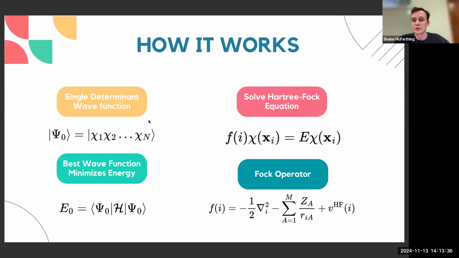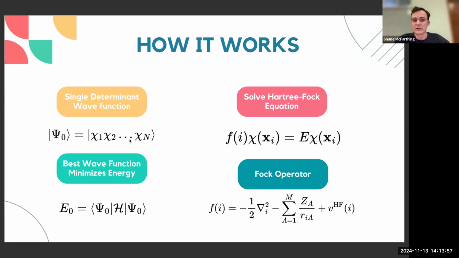And what we do in that Slater determinant for Hartree-Fock is that we set it so that all of the lowest energy orbitals are occupied by the electrons. So if we have n electrons, what we'll do is we'll occupy the orbitals starting from the lowest energy until we run out of electrons, and that will form the wave function that we have.